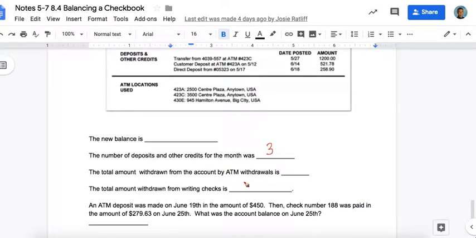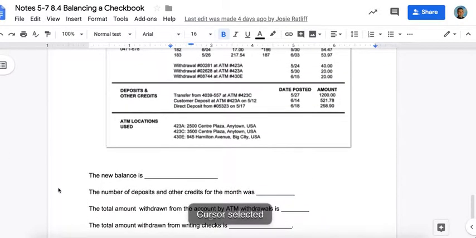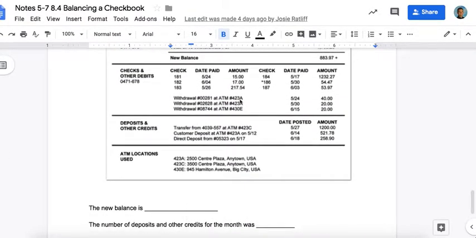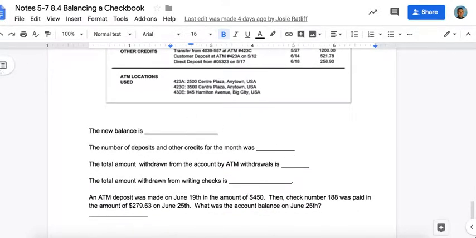It says the total amount withdrawn from the account by ATM withdrawals is $80. So we need to look at our checks and other deposits section right here. And we can see that we had a withdrawal of $40, $20, and $20. So if we add that up, 40 plus 20 is 60, and 60 plus 20 is $80. So the total amount of ATM withdrawals is $80.